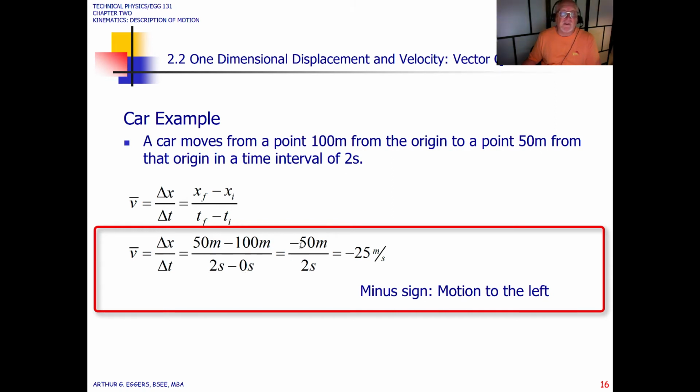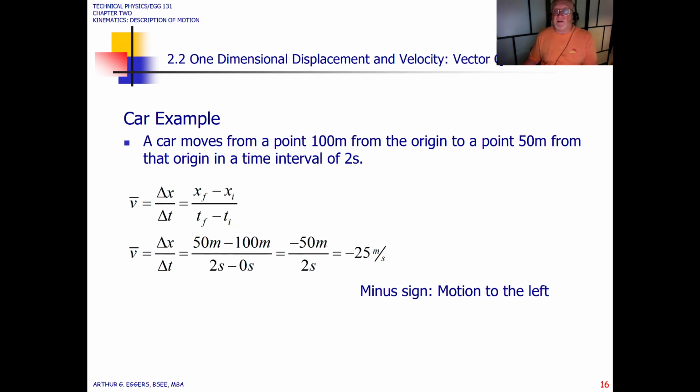So now you can see we've got a negative value: minus 50 meters divided by 2 seconds. The minus 25 meters per second solution, which is the average velocity, is a motion to the left. And generally that means that we've got possibly something slowing down, especially in acceleration.